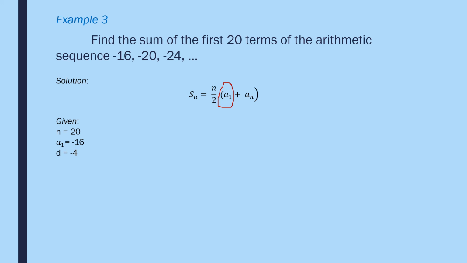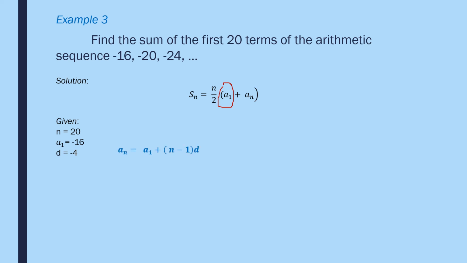First term is negative 16, and our d, which will be used for finding the last term, is negative 4. Okay, again, since we don't have the last term, we are going to find first what is our a sub n.